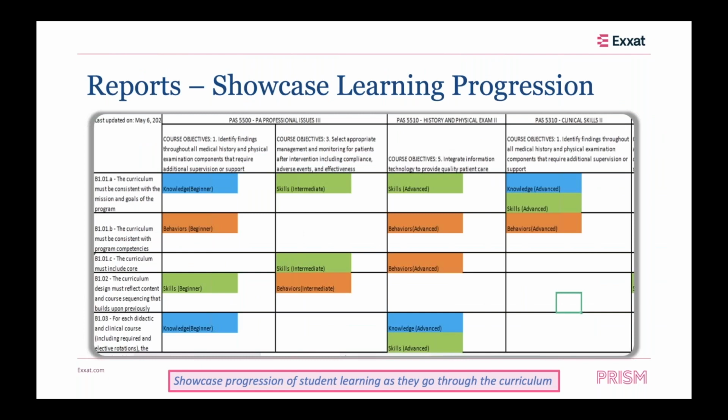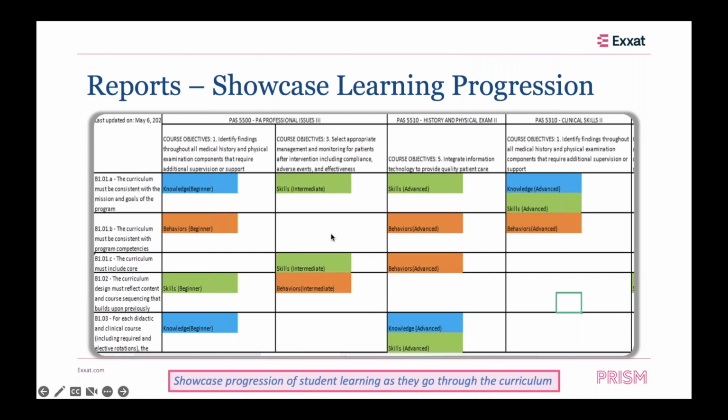The last but not the least, this is our progression of learning report, which allows you to showcase how a student is progressing in terms of their learning through the curriculum. Each row is a standard, and each column is a course along with the course objective.